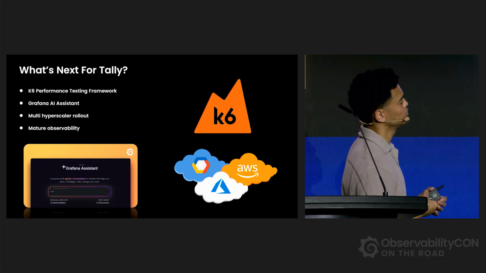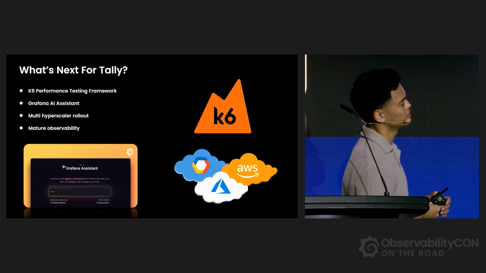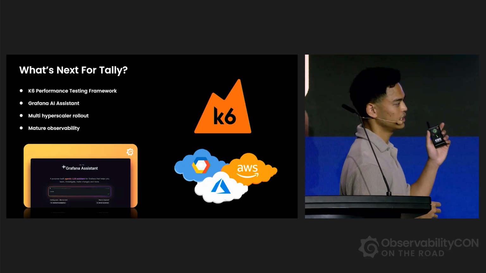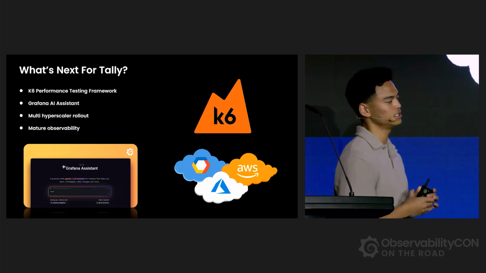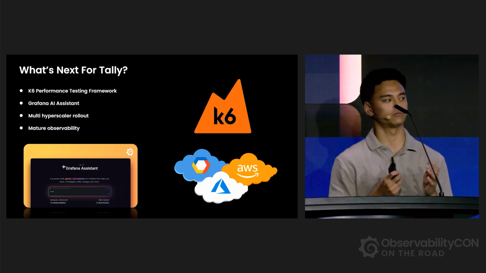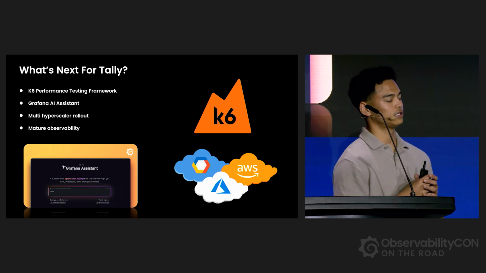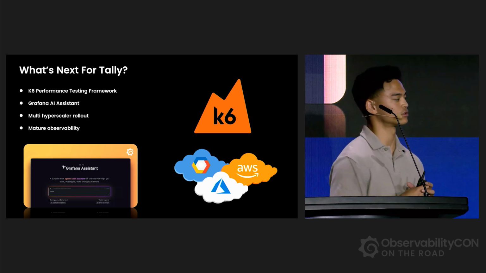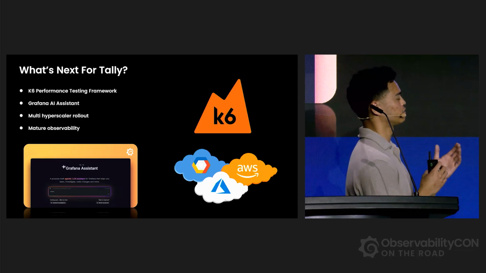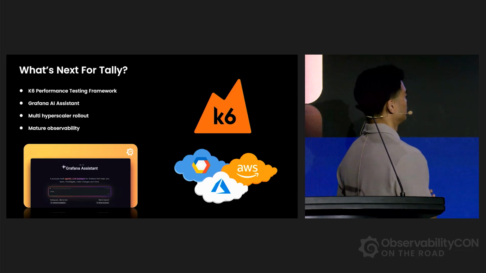We're also looking at the Grafana AI assistant. It's not just the engineers looking at Grafana now, but people from the business who want to create their own dashboards, more specifically cost-related dashboards.